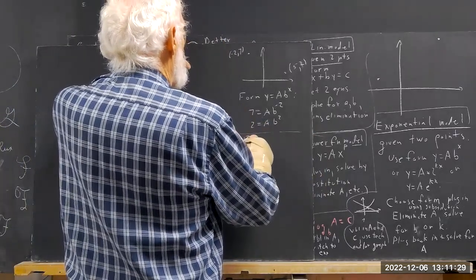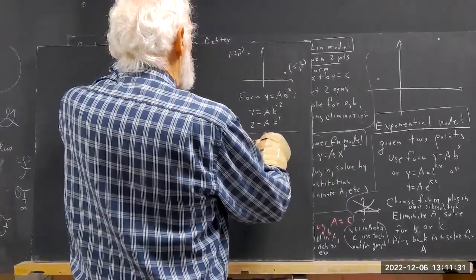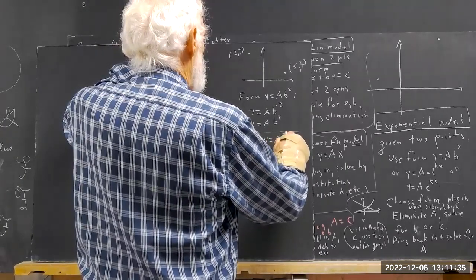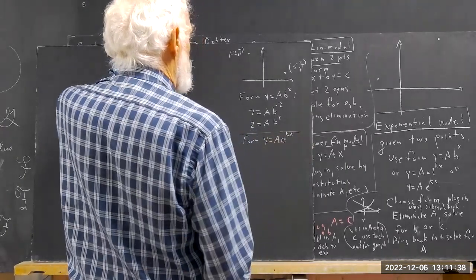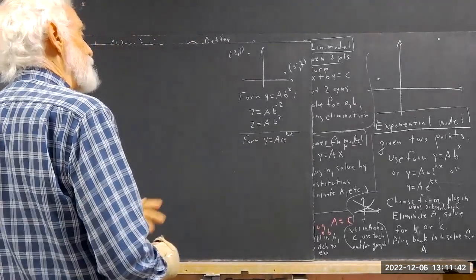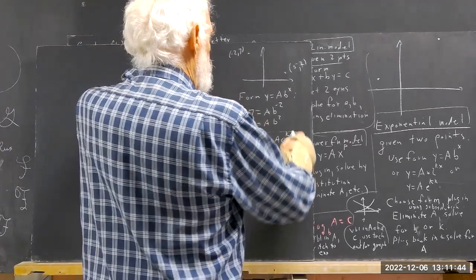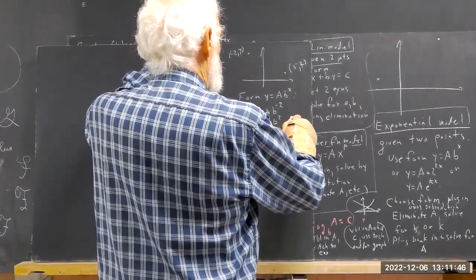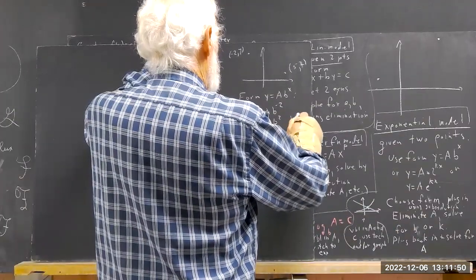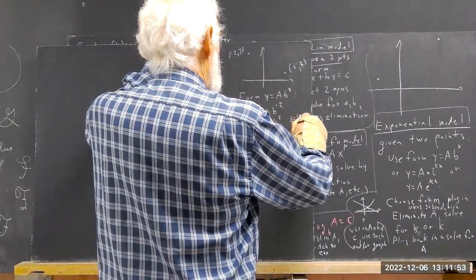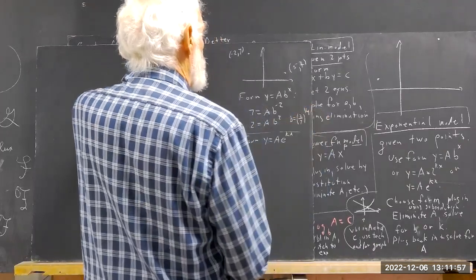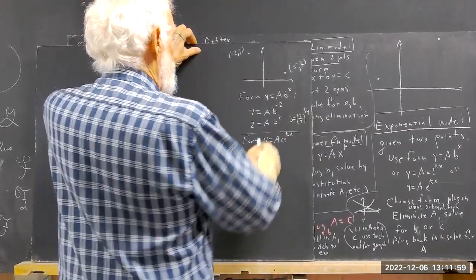If we use the form y equals a e to the k, so let me just write it down here. B ends up being equal to 2 over 7 to the 1/4.